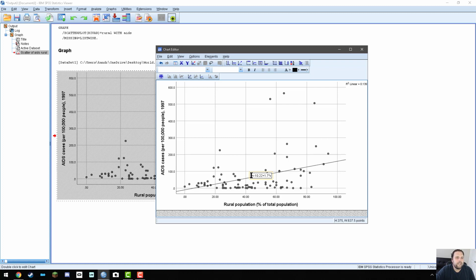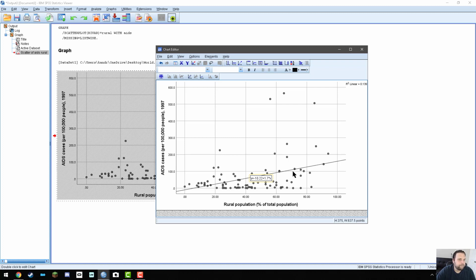But this is actually our regression equation that comes from it. So that's y, which is y prime, which is the predicted value of the dependent variable. The intercept, negative 10.22, plus 1.7, the slope, times the value of the independent variable that you're looking at. So basically what you could do with this information is plug in a value for x.